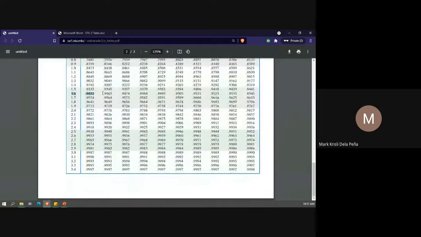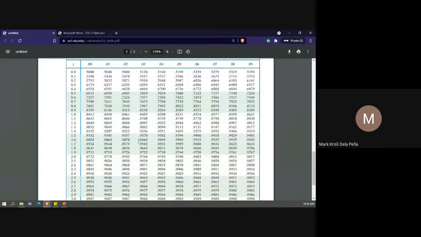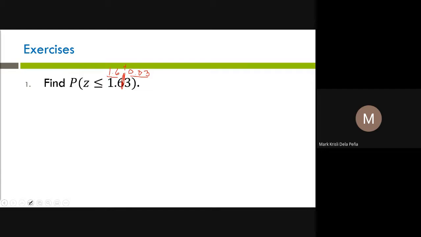Here, you have 1.6. We just have to look for the 0.03. The 0.03 is in the fourth column, and that is 0.9484. So the probability here is equal to 0.9484.